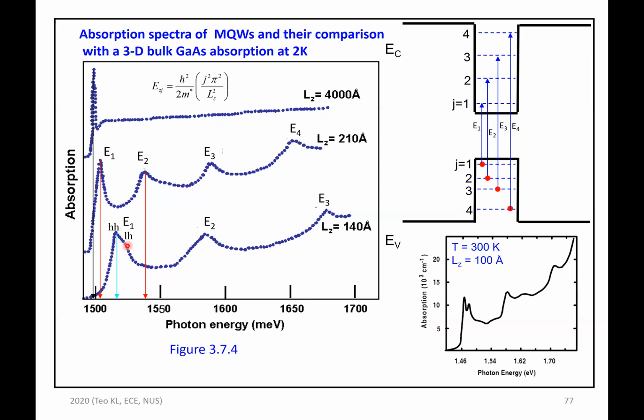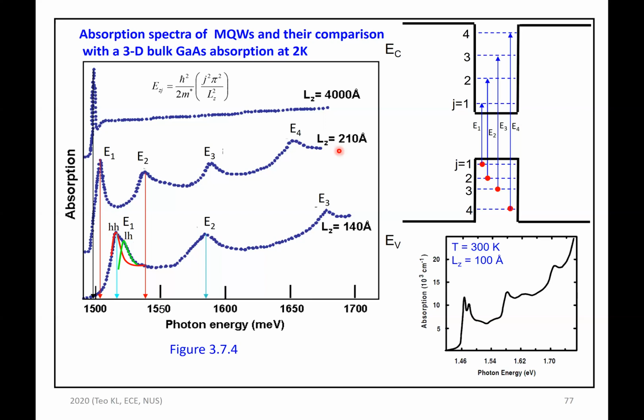The peak itself is a bit asymmetrical. It can be resolved into heavy hole and light hole transitions. So for 210, you have E1, E2. Again, for 140, you have E2, but the heavy hole and light hole bands can actually be resolved.